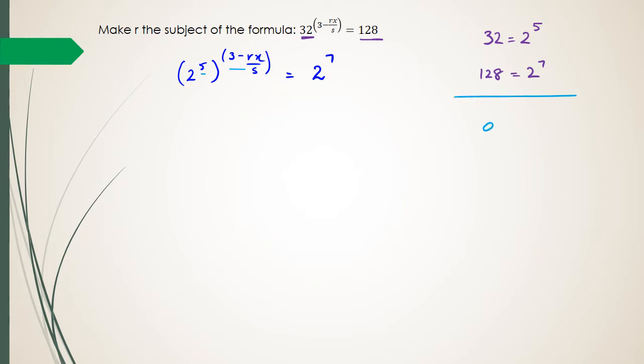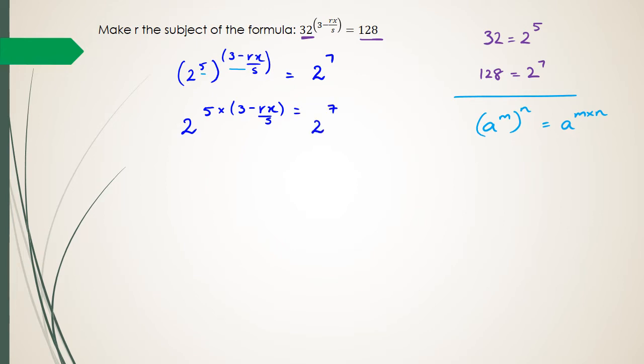Remember that when you have a to the power of m to the power of n, this can be written as a to the power of m times n. So I'm going to rewrite this as 2 to the power of 5 multiplied by 3 minus Rx over S, and all of that is now equal to 2 to the power of 7.